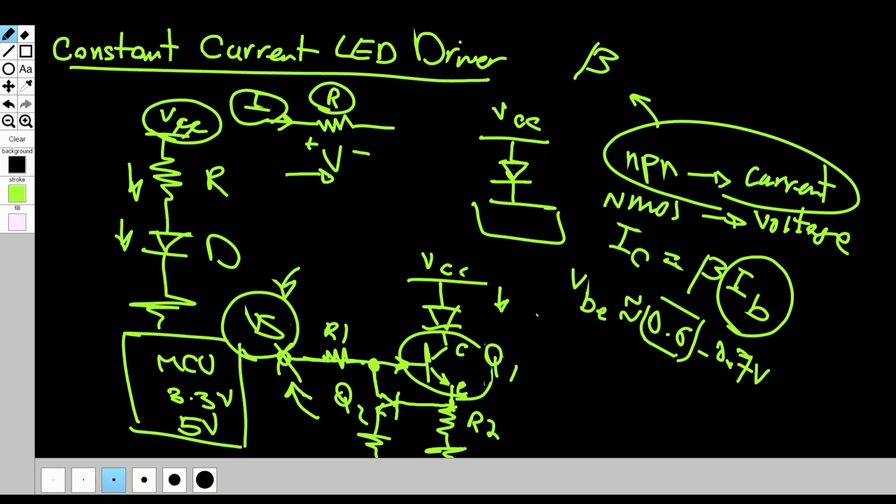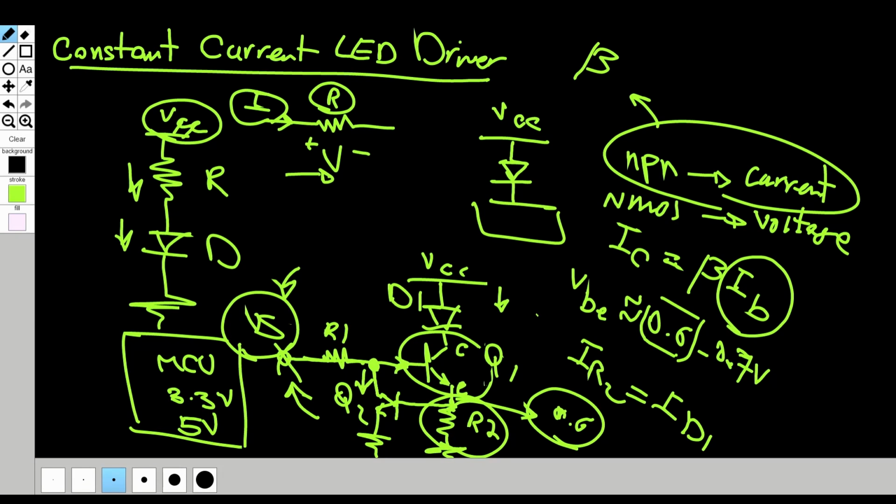So what this is saying is, when current starts flowing through R2, there will be some voltage across it, right? We want to control that current through R2, which is the same as the current through the LED, let's call this guy D1. Let's assume that because VCC is changing, it goes higher, or something happens, we get more current through R2.